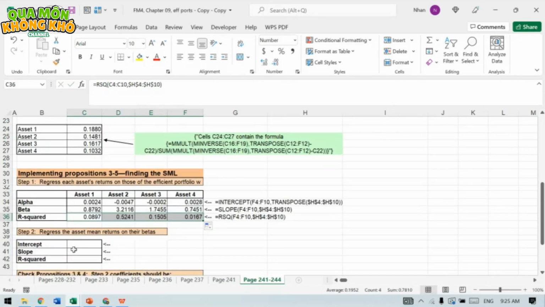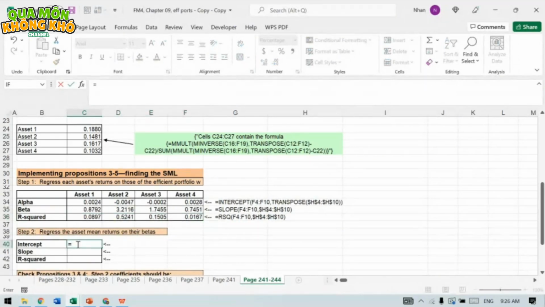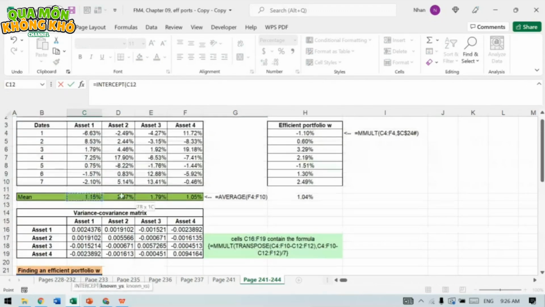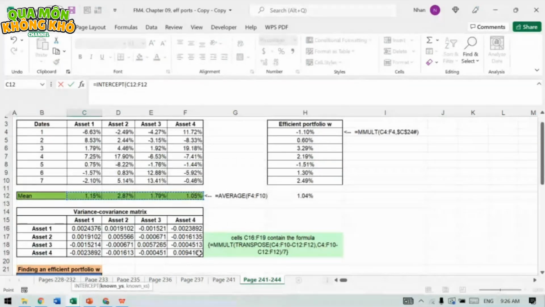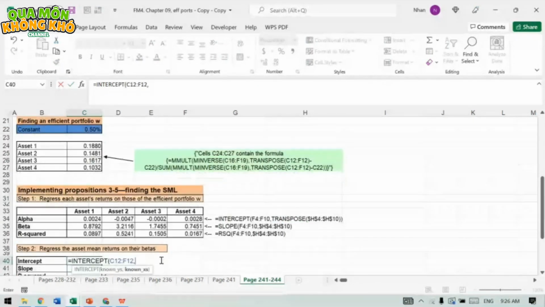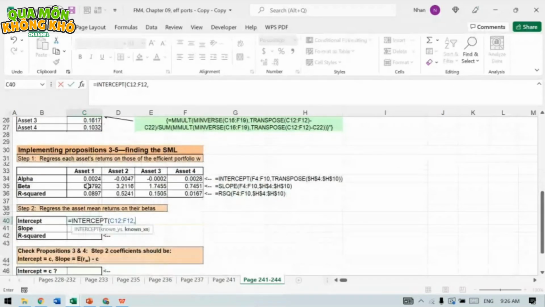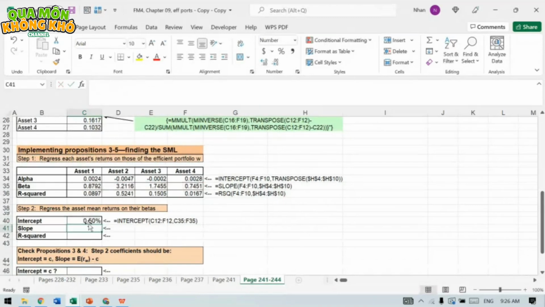And then I will regress the asset mean returns on the betas. I have the intercept, the mean return here and the beta here. I have the intercept, and then the slope.